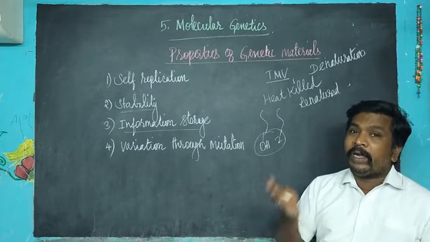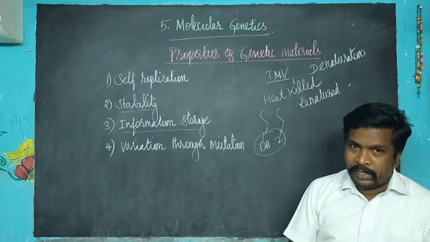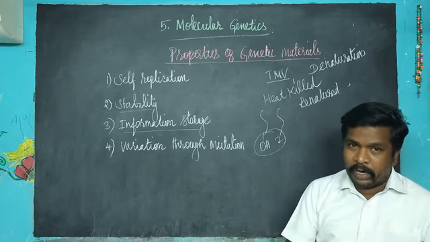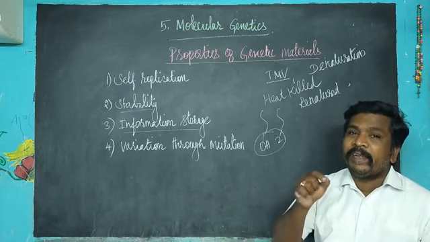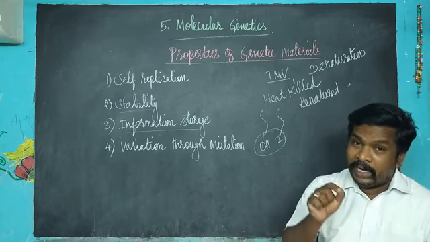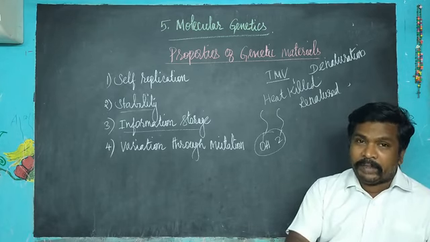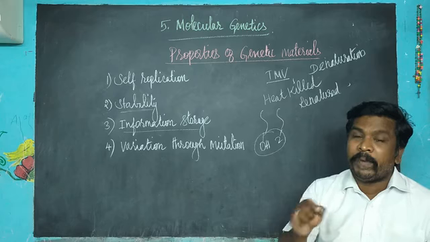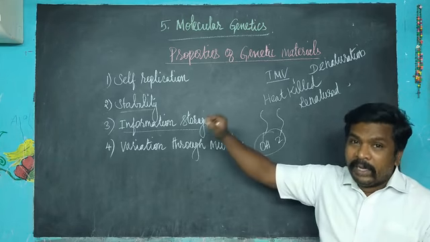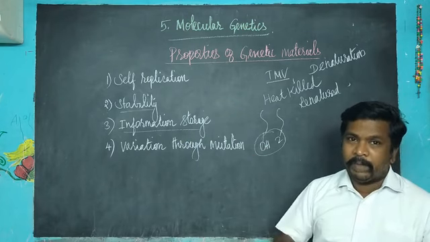DNA is more stable when you compare it to RNA. RNA is more reactive and less stable. So those organisms having RNA as genetic material have a short lifespan, because being less stable, they face more mutations.